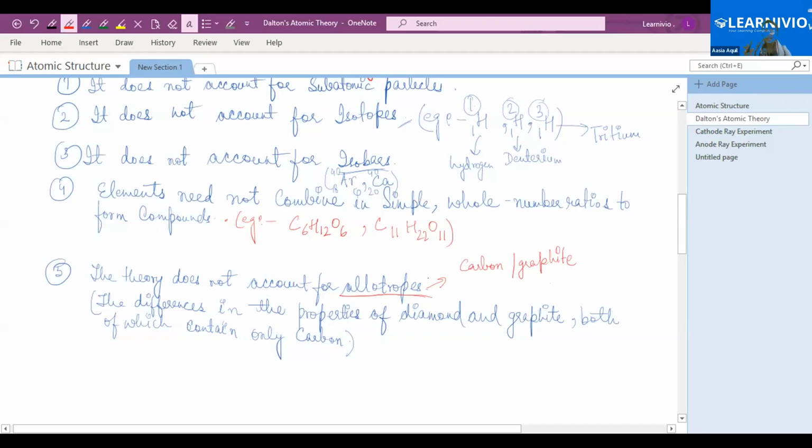They are formed from the same element, but they have different physical and chemical properties. Dalton did not give an account for allotropes. So you can write down, these are the limitations of Dalton's atomic theory.